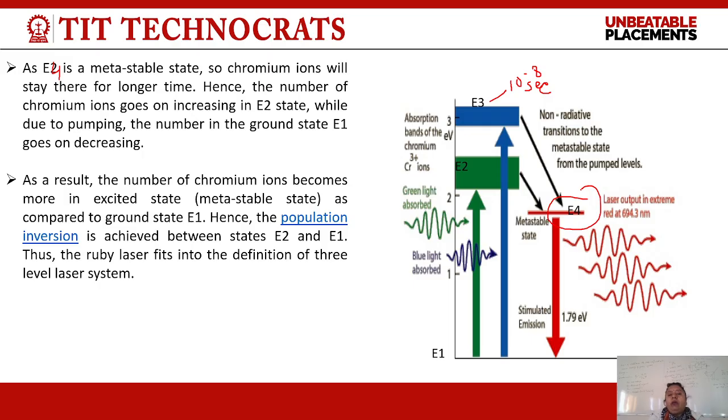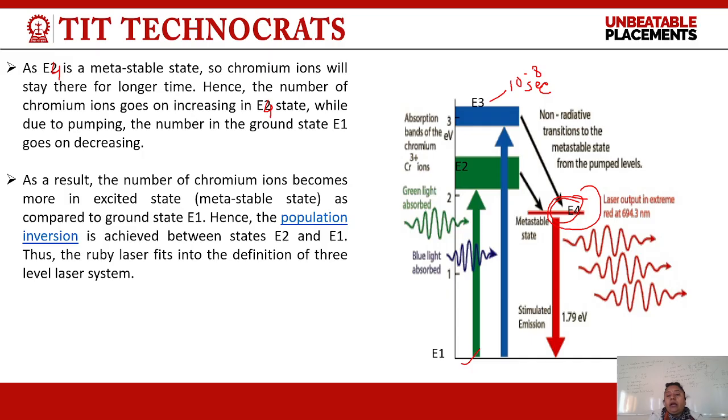So the number of chromium ions increases in energy state E4, while the jumping to the ground state is very low, therefore the ground state is nearly empty and E4 is populated by the chromium ions. Now why do the chromium ions stay in E4 for a longer time?